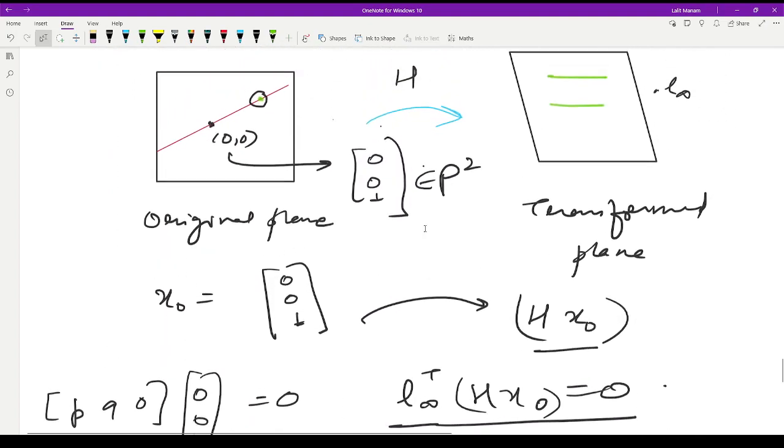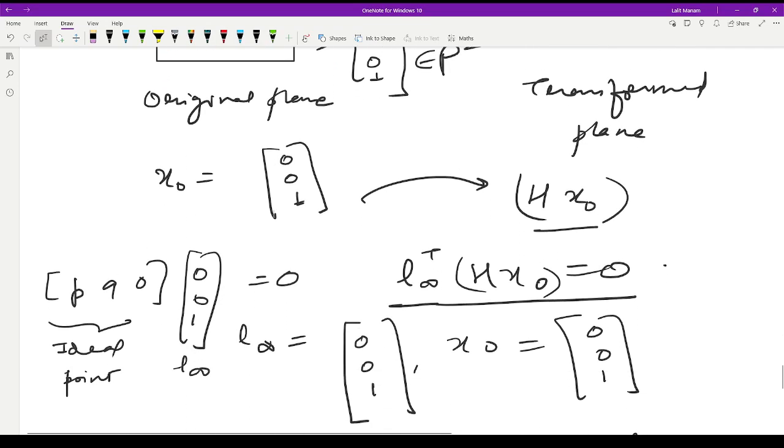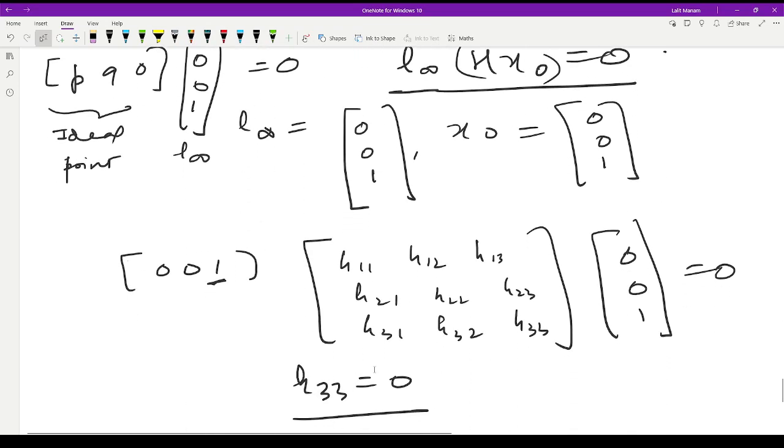But if you have a condition that your vanishing line passes through the origin in the original plane, then what happens? Your last element will be 0, right? By convention we are taking the last element, since we are considering the third dimension to make it projective space, adding one to scale the third dimension, and that turns out to be the last element.